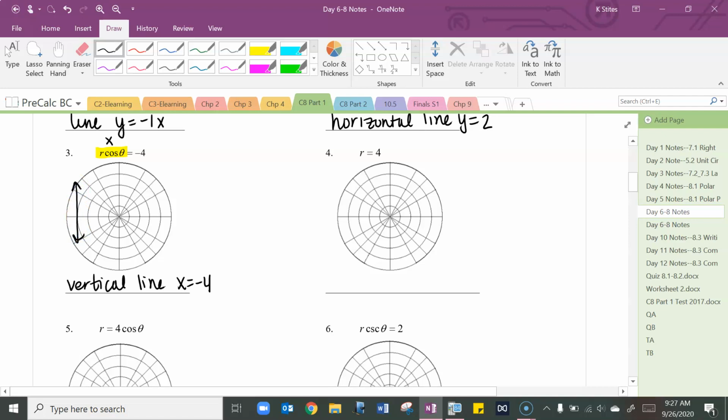Now, these last 3 are going to be circles. r equals 4 is simply saying you have a radius of 4. So we're going to go 1, 2, 3, 4, and really you're just outlining this circle right here.